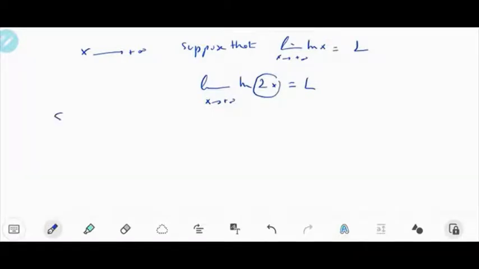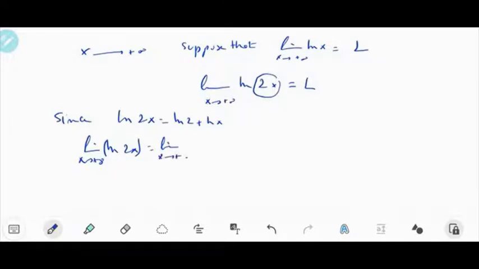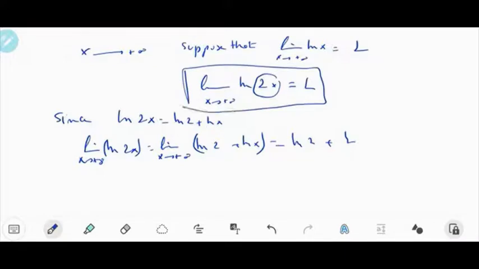But since we know that Ln of 2x is equal to Ln of 2 plus Ln of x, it means that the limit of Ln of 2x when x tends to plus infinity is equal to the limit when x tends to plus infinity of Ln of 2 plus Ln of x, which is equal to Ln of 2 plus L. And so we have two limits for the function Ln of 2x.